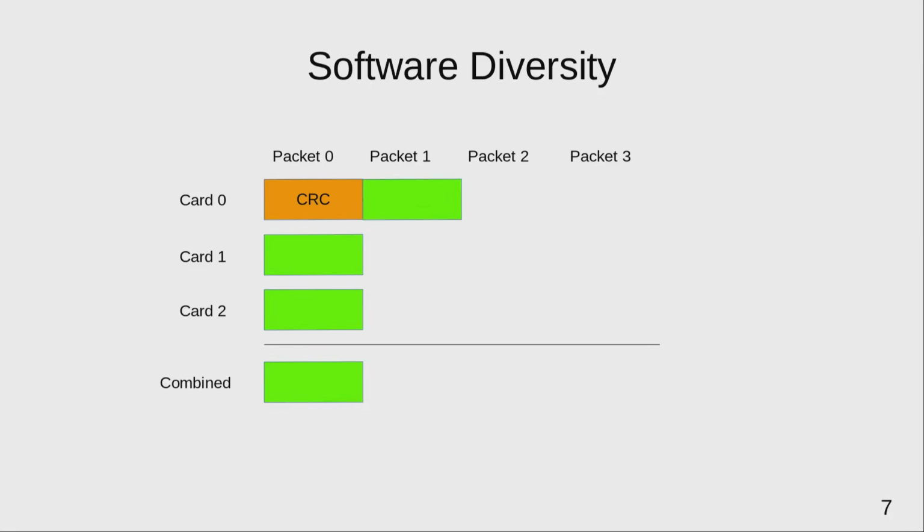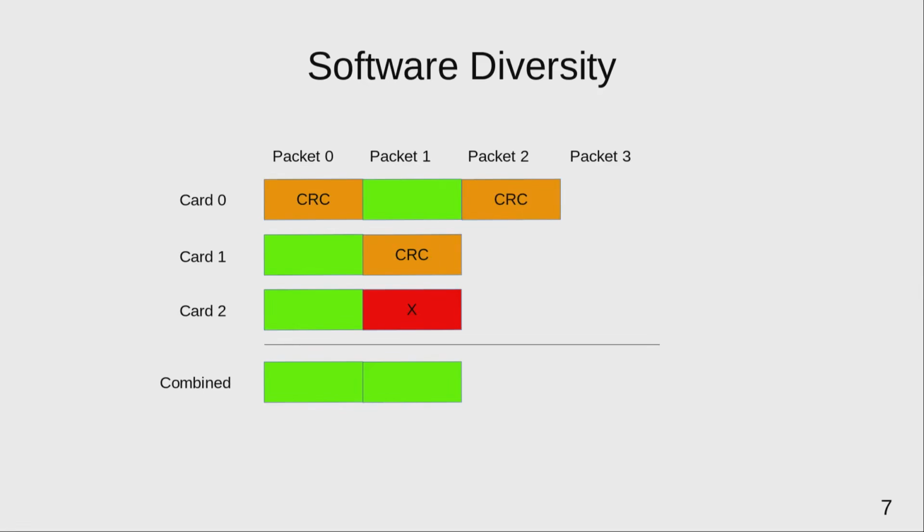Packet 2 might be good on card 0, CRC error on card 1, for example, and it might be completely missing for card 2. So in that case, of course, easy choice, we pick the green one, which is fine, and we have a good packet in the end. Now packet 2 might have a CRC error, be completely missing, and again a CRC error.